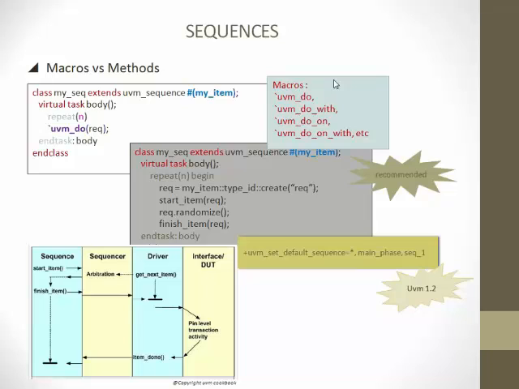If something goes wrong with the macro, it's not easy because we do not know how exactly it has been implemented inside. When it comes to simpler environments, it is still okay to use these macros. This is only from my experience. I still find it very handy when I have to quickly come up with a sequence. I can just call the macros and run them.